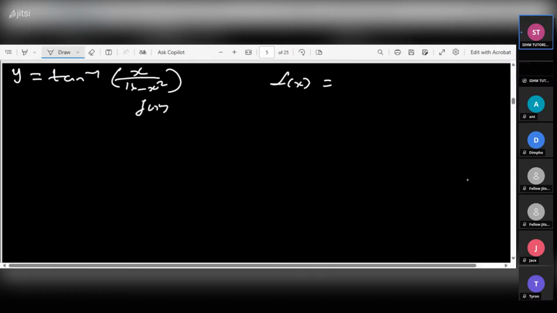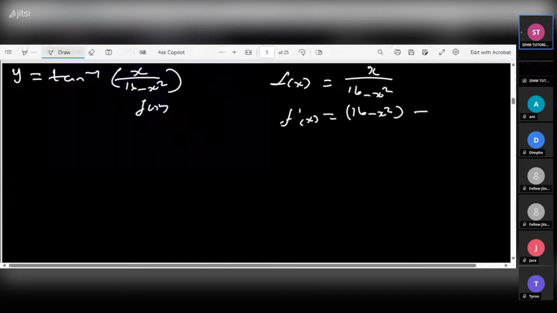And then here we're going to say our function is x divided by 16 minus x squared. And when you derive this, the f prime of x is going to be, remember we first derive the numerator and then we derive the denominator. So this is going to be 16 minus x squared, as you know that the derivative of x is going to be 1, and then minus the x, we keep x, and then we derive the denominator.